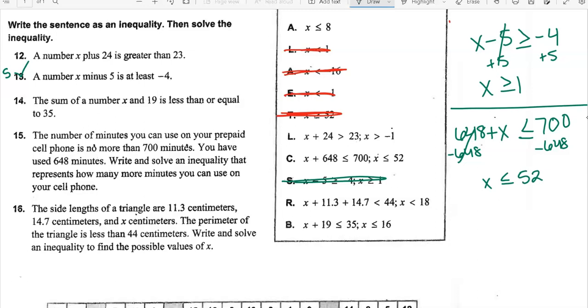Good. Now question. So I see it in my option C, but what I wrote is different than what they have. So is what I did wrong? No. Why not? Why are you allowed to flip them? As long as it's alligator eating 52. And because with adding, does order matter with adding?